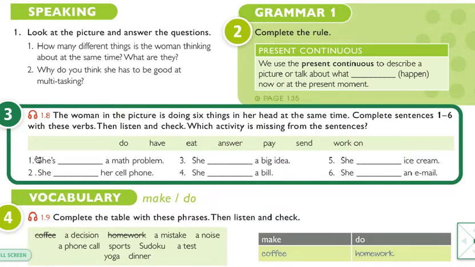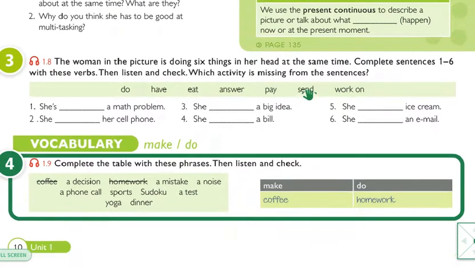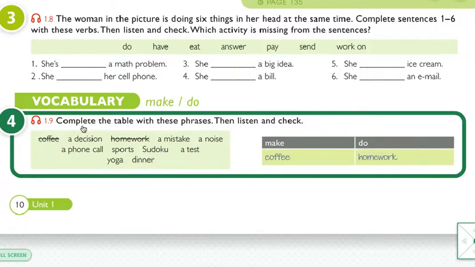So, for example, in the first one, she is what? She is. You have to use one of those, but you have to turn them into the gerund form. Remember, she is doing math, or she is having or eating. Okay? Don't forget that.